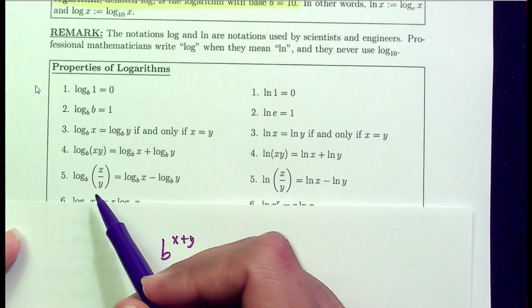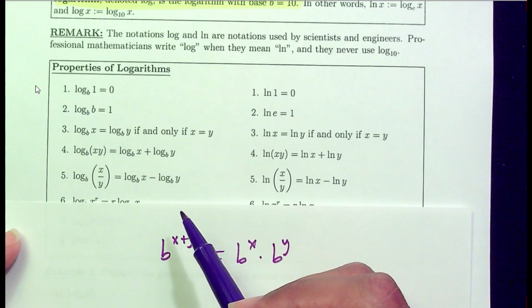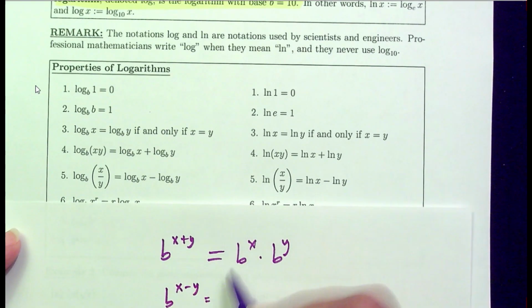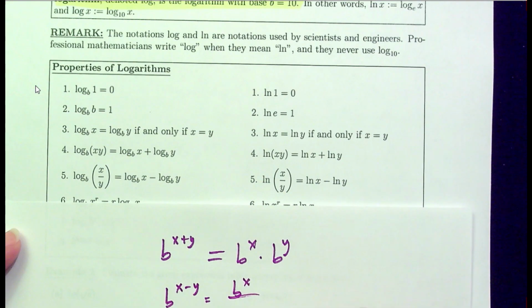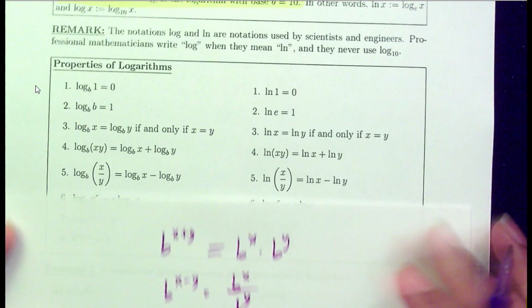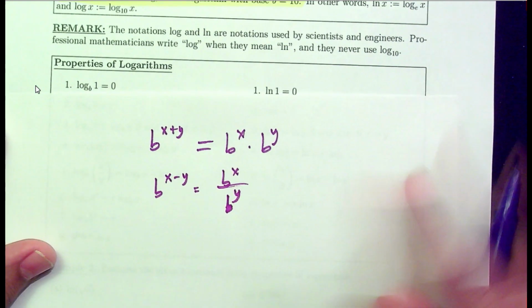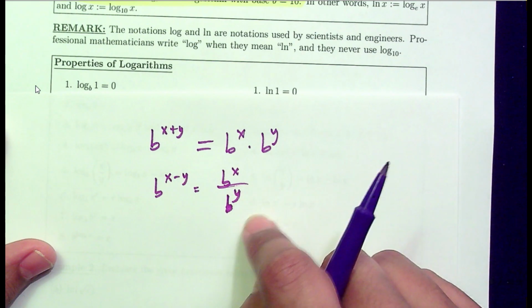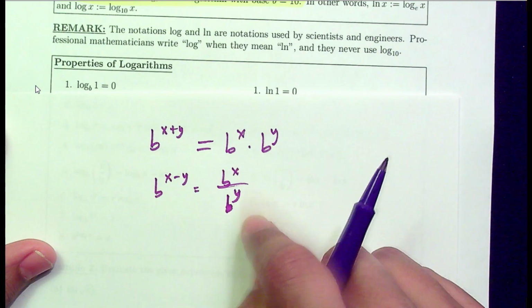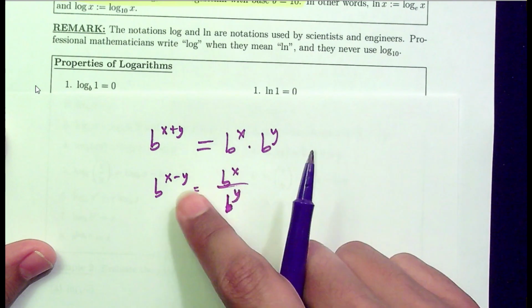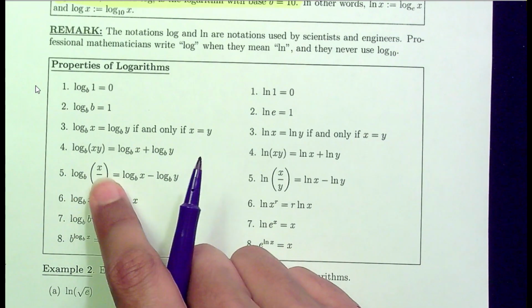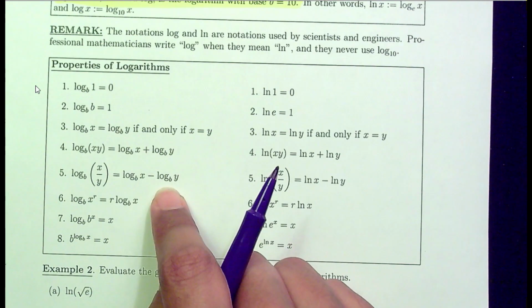Similarly, exponents take a difference and turn it into a quotient. So b to the x minus y is b to the x over b to the y. Then a logarithm is going to do the opposite. It's going to take a quotient and make it into a difference. So this is the actual property: the logarithm of a quotient is the difference of the logarithms.